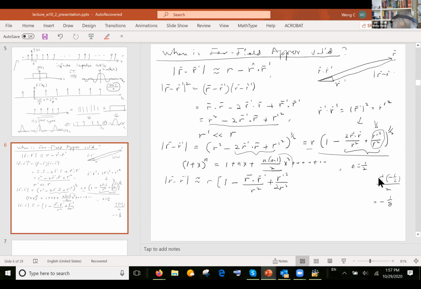So the last term there would be something like maybe 1 over 8 r prime squared over r squared, squared. It's going to be something like that. Then if I look at this thing again, this term is going to be small.